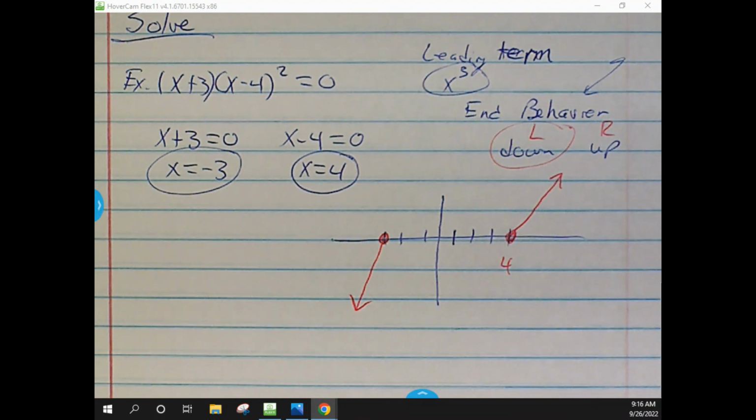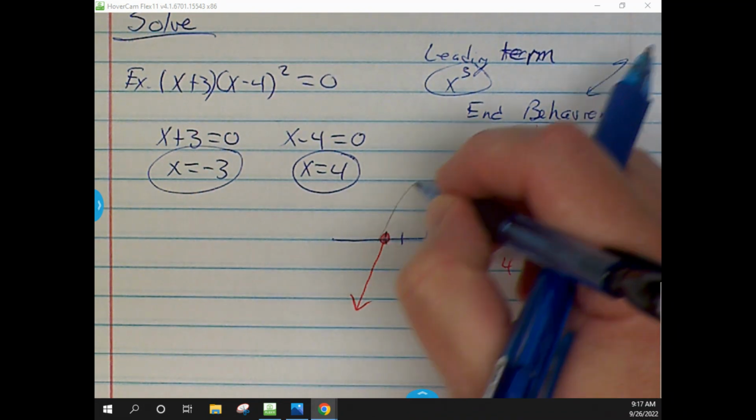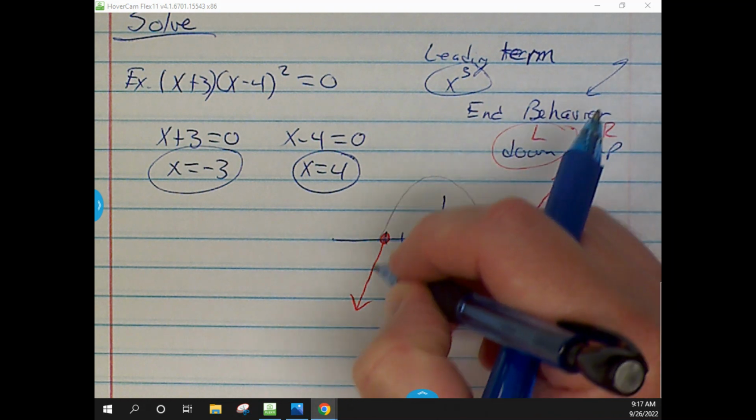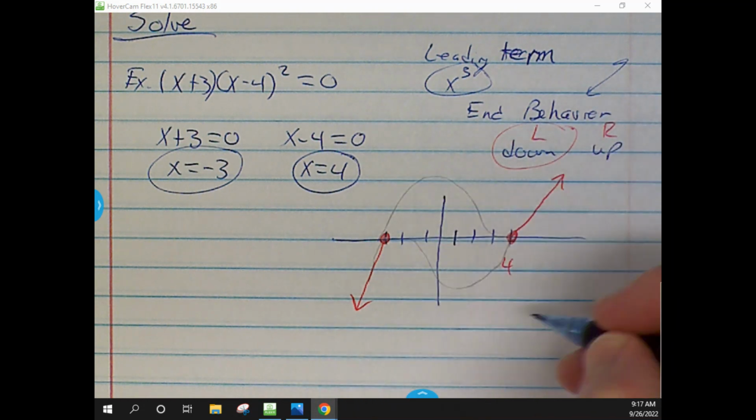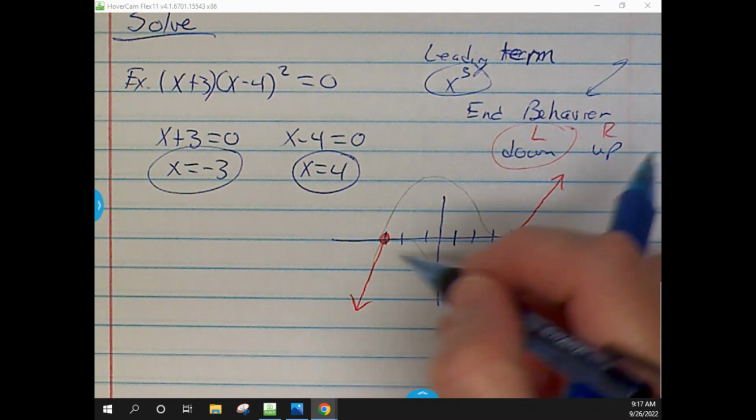And then all we've got to do is figure out what's happening in the middle. Now, the old-fashioned way of figuring out what the graph's going to do in the middle, because the graph could get here, go up and do something like this and then come back, or it could get here and turn and do something like this, or all these other things, which we could plot a million different points in between to find out exactly where everything goes.